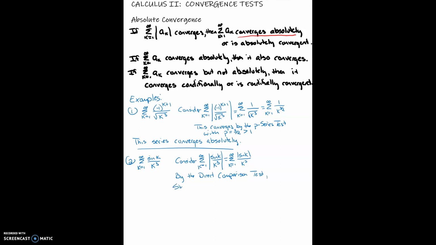since our a sub k's are the absolute value of sine of k over k cubed, we need to come up with some b sub k's that we can work with. Let's try 1 over k cubed.